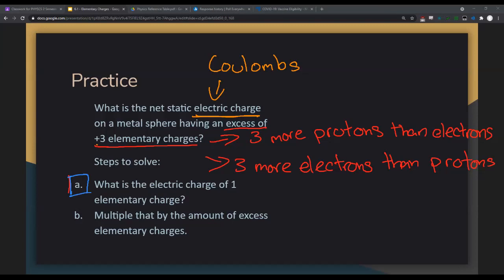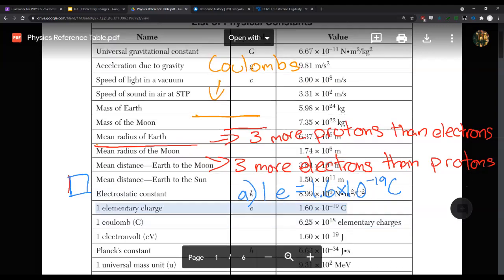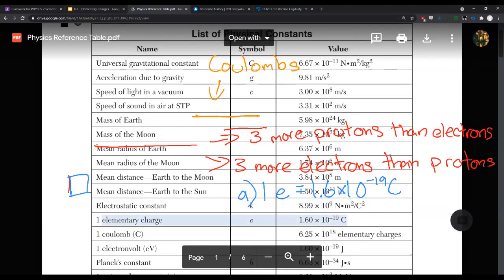We learned it yesterday. 1 elementary charge is equal to 1.6 times 10 to the negative 19 coulombs. It's on your reference table right here.